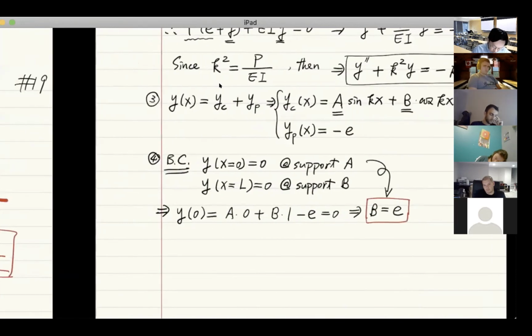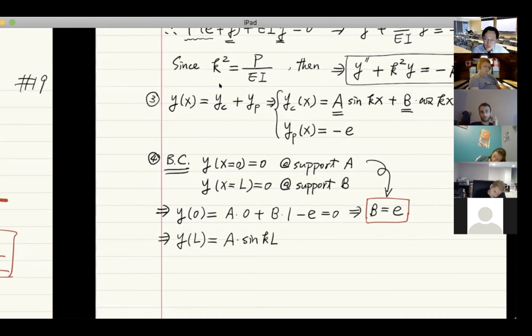Now the second one, when we plug in x to be L, and you already know the value of b to be e, then you can just substitute e into b. So here we're going to write a times sine KL. This is the first place that many students make mistakes. Sometimes they always put in 0.